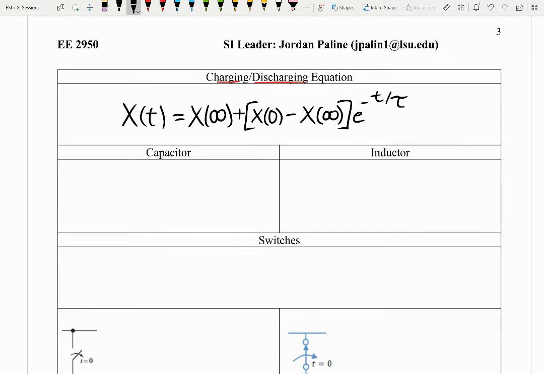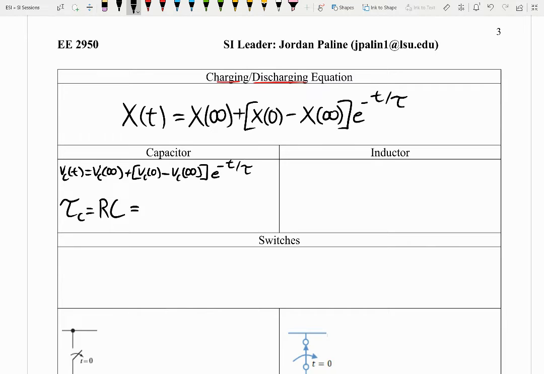So we'll look at capacitors. What does a capacitor deal with? Capacitors deal with voltage: V of C at a time t is the voltage at infinity plus the voltage initially minus the voltage at infinity, times e to the minus time over tau, where tau for a capacitor is going to be RC.